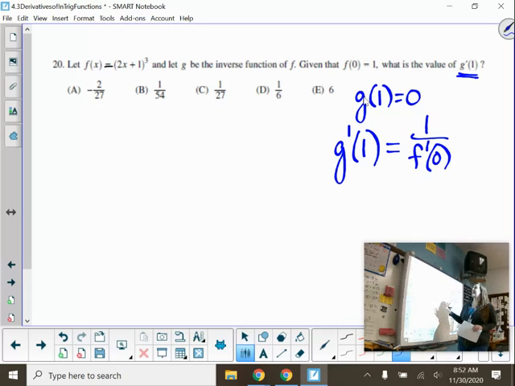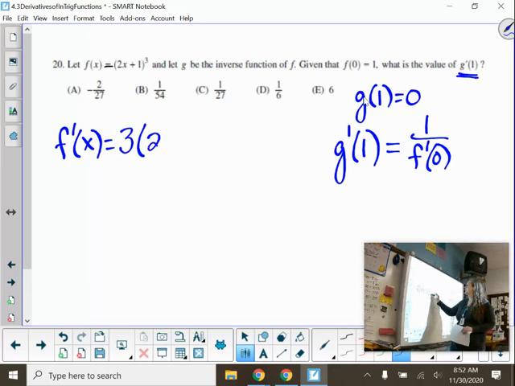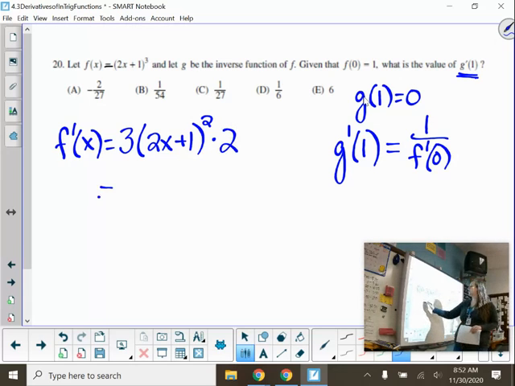To do that, we have to go through and find f prime. So I have my original function here, (2x plus 1) cubed, using the chain rule. That's going to be 3 times (2x plus 1) squared times the derivative of the inside, which is 2. So that's 6 times (2x plus 1) squared.